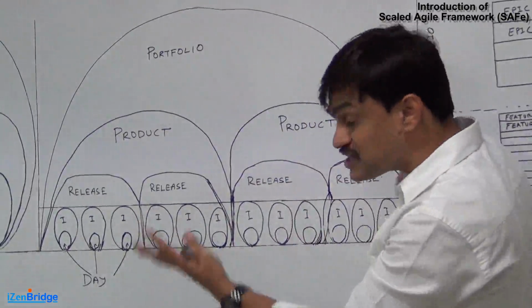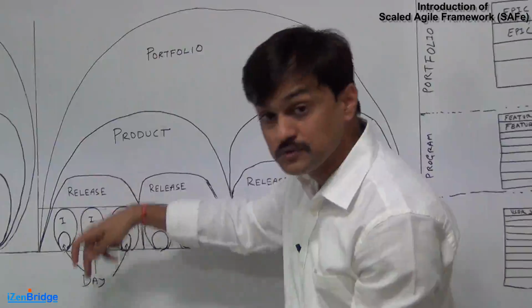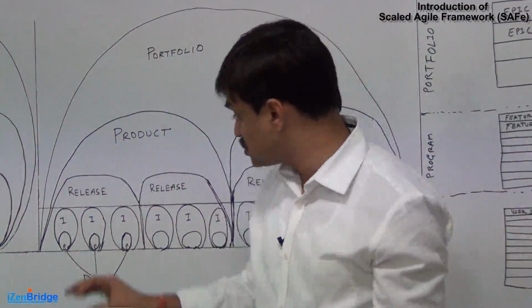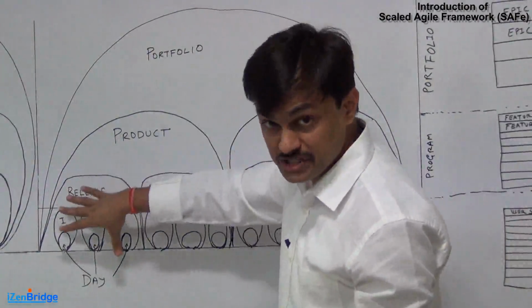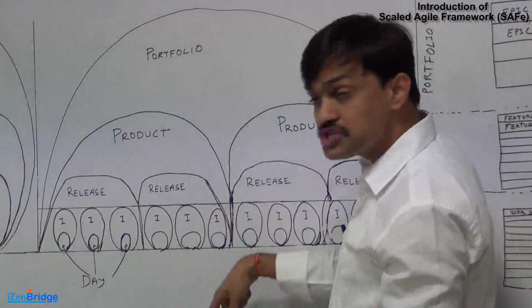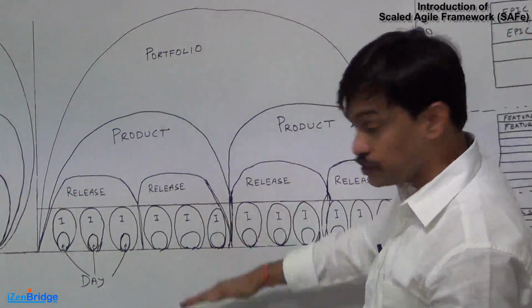When we have such a scenario, coordination and interdependency management among the teams becomes an important task. So we need a very proactive approach which helps us manage the interdependencies. Another challenge in such an environment is ensuring alignment from portfolio till team.